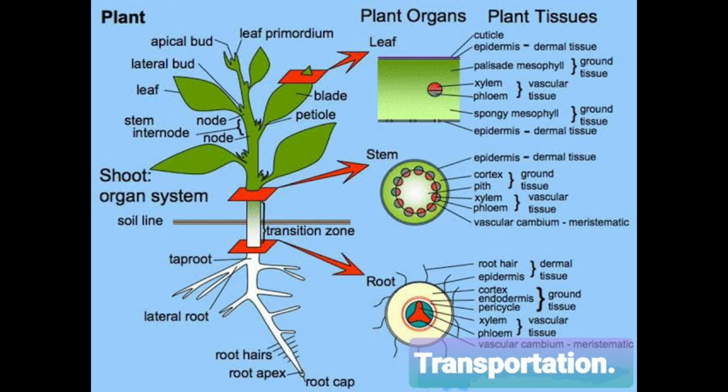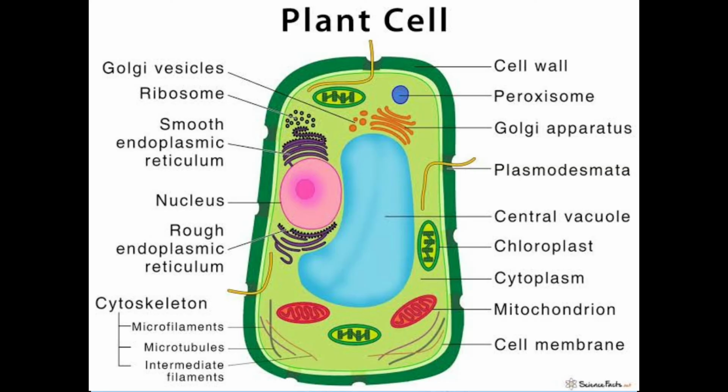Next, we move on to another topic called apoplast and symplast. What is apoplast? Before that, we discussed the cell and cell surroundings. Apoplast is the system of adjacent cell walls that is continuous throughout the plant.